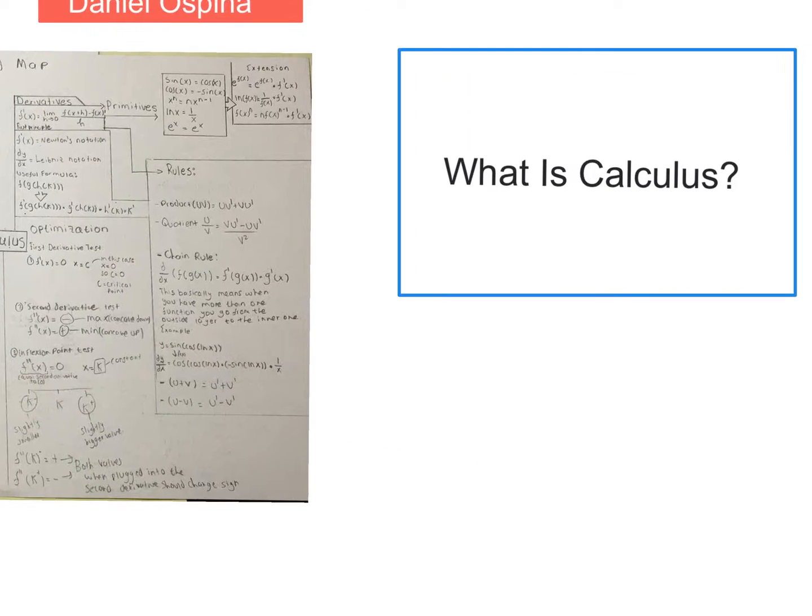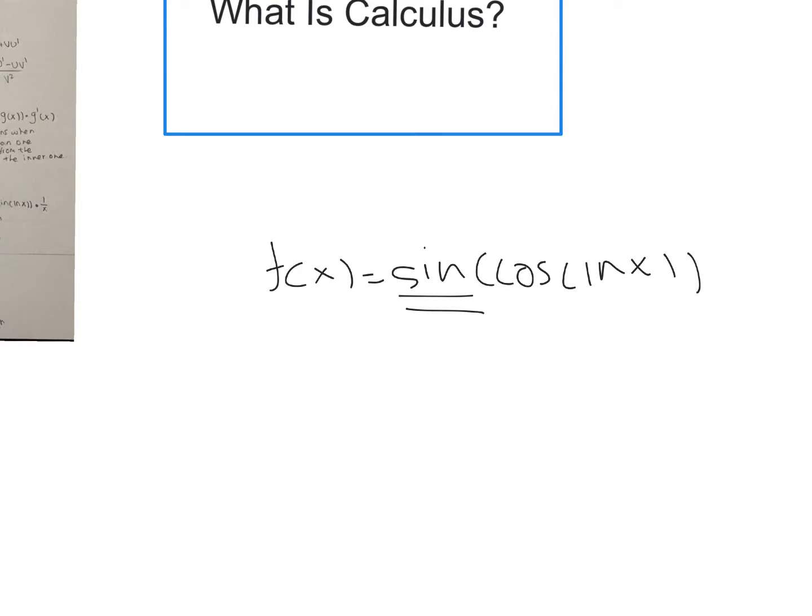So let's do an exercise here. What if they give us f of x equals sine cos ln x? So first, with this idea, we will derive the initial part, which is sine. So let's derive it: cos cos ln x.